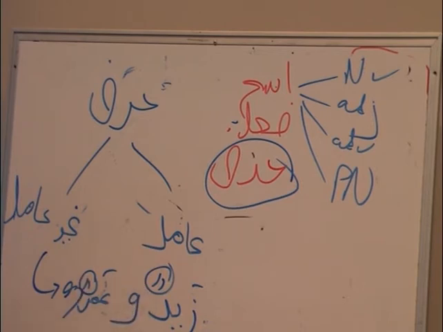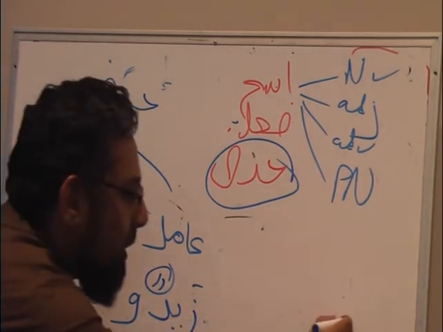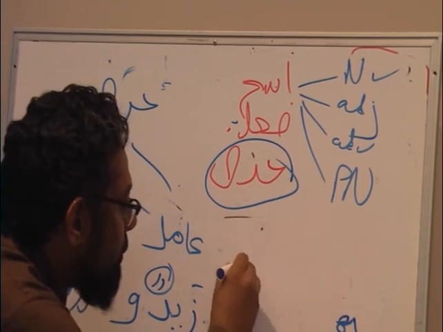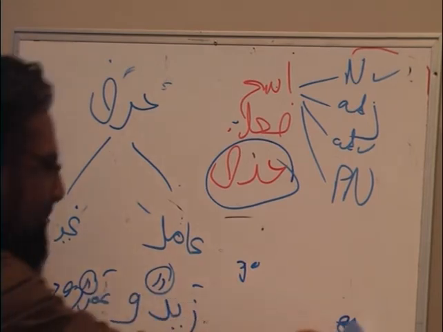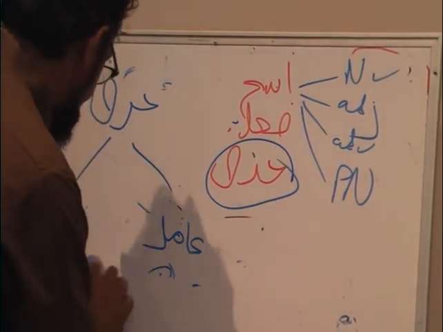However, if I say he went to Zayd, it would be ذهب إلى زيد, not Zaydun, but Zaydin. Let me try and explain that a bit better.